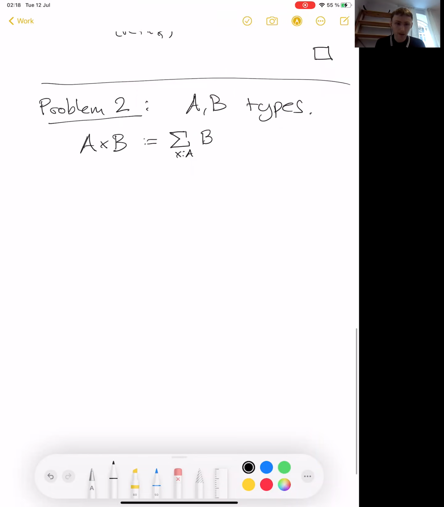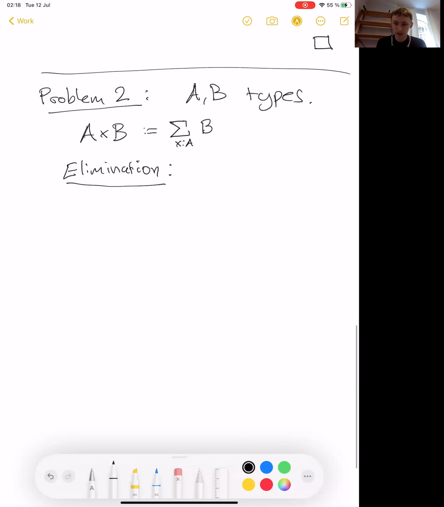Right. So we have an elimination rule for product. I'm going to skip all the gammas in all the contexts because they're annoying, but they're there implicitly, okay?